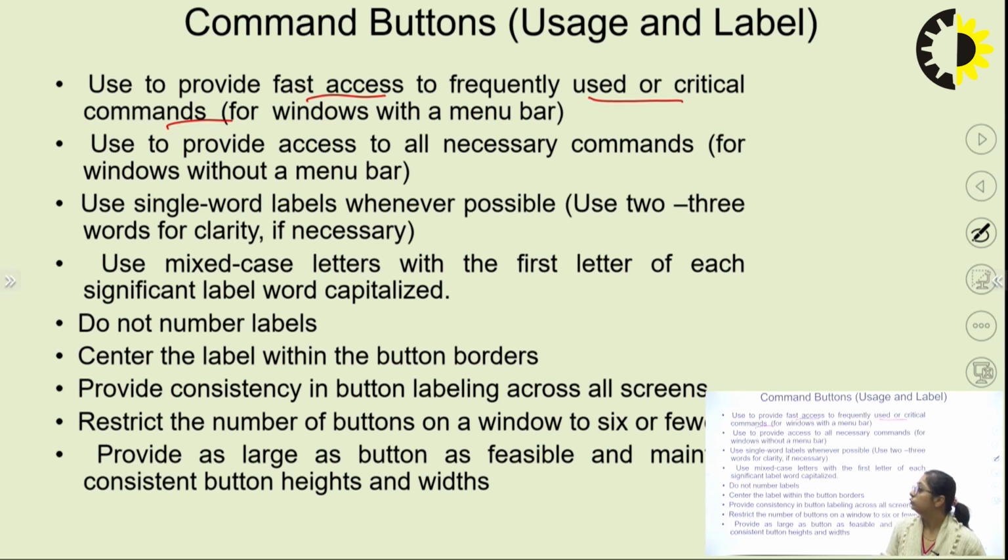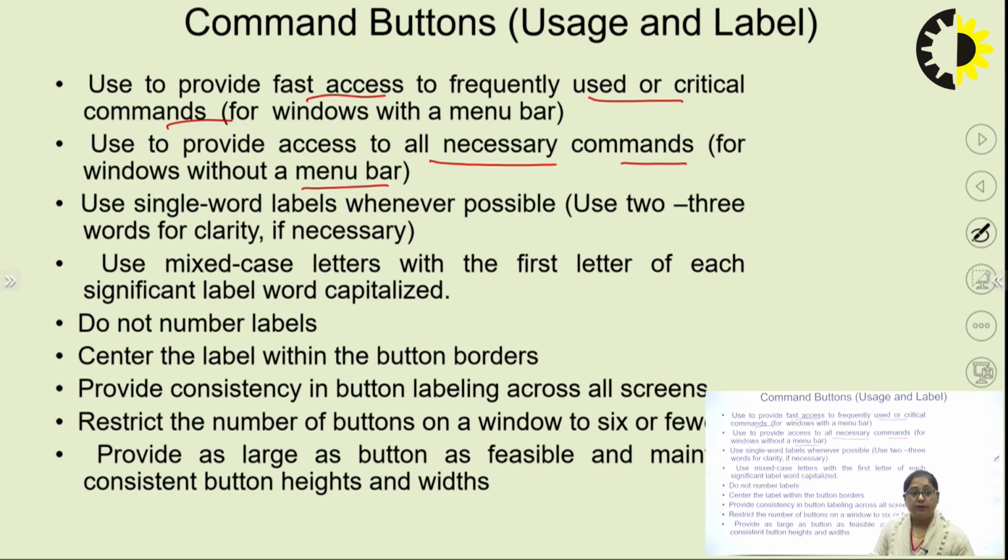They are also used to provide access to all necessary commands for a window without a menu bar. Here you don't need to select the menu; you just press Control plus F5 for refresh. You don't need to go to the menu and then select the refresh button.